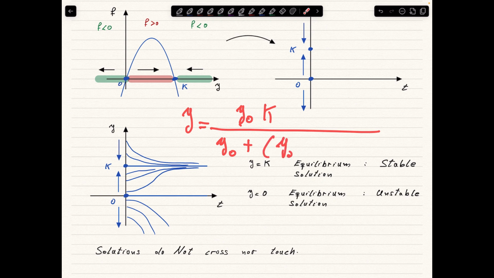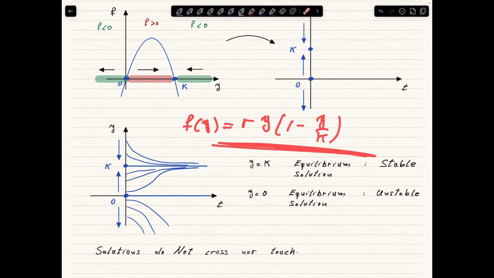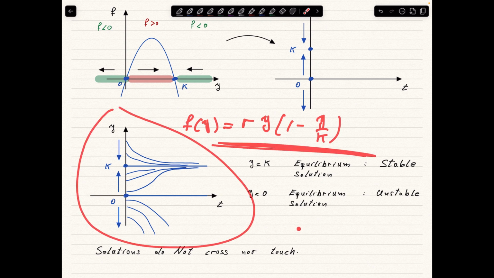Here I think it is y0 minus k, or could be the opposite, exponential of negative rt. We never use the solution at all. We only use that f of y is ry times 1 minus y over k. That's all we use. With that information, we get this, with paper and pencil.